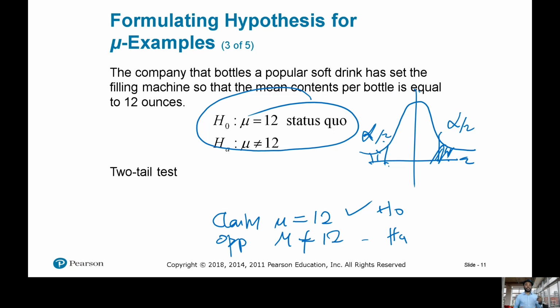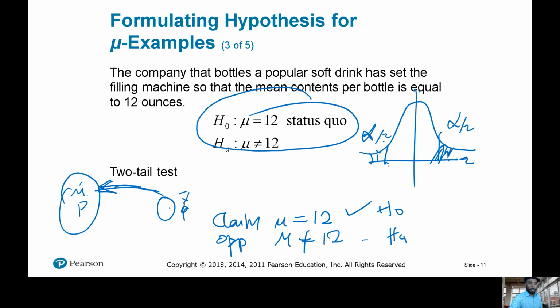So confidence interval, hypothesis testing, it's all about statistical inference. You have your population and you have the sample, and we want to estimate the population parameters from our sample statistic, such as X bar, and here we have mu, and we have P. So this is where the inference comes in.